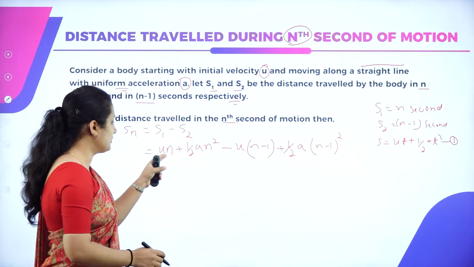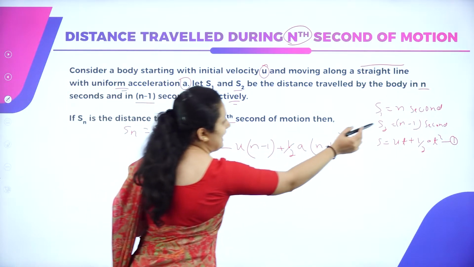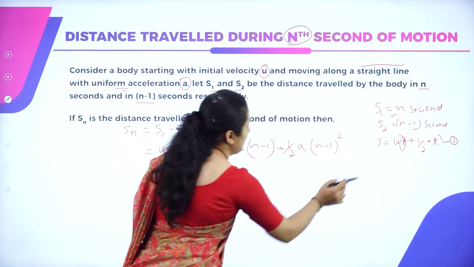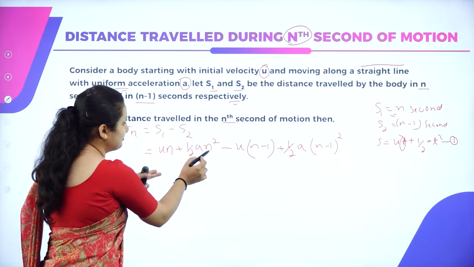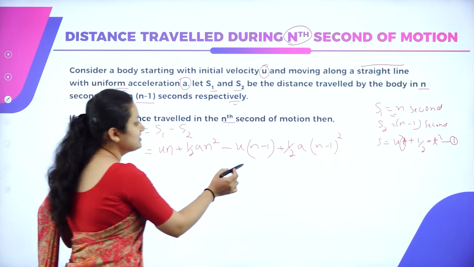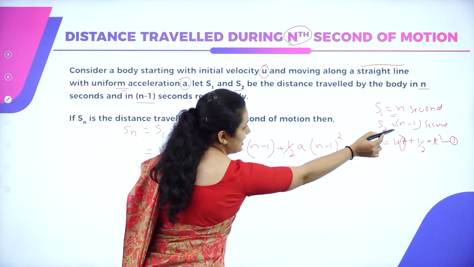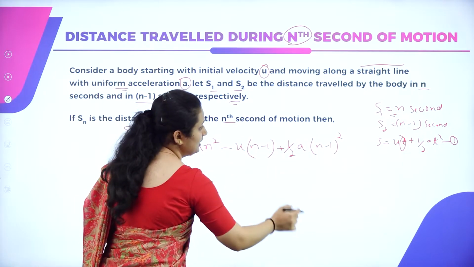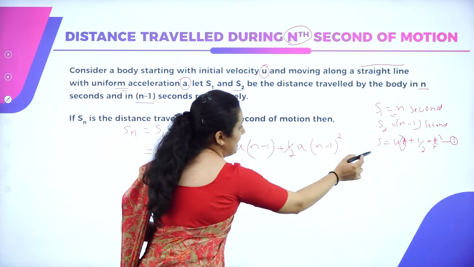So for the first equation S1, the time is n second, so in place of t I have substituted n, and in place of t square, n square. Similarly, for the second one, the time is n minus 1 second, so I have taken n minus 1 and n minus 1 whole square in place of t for S2.